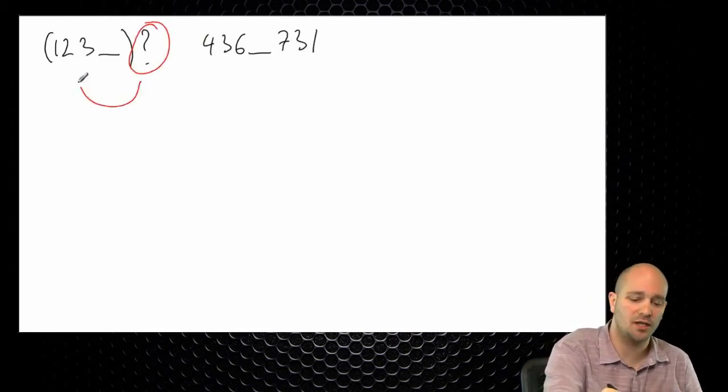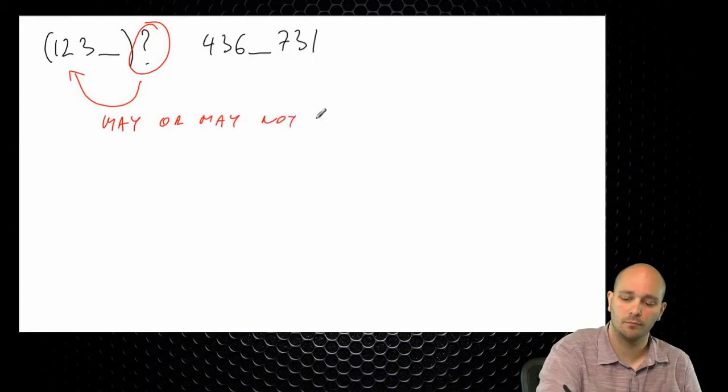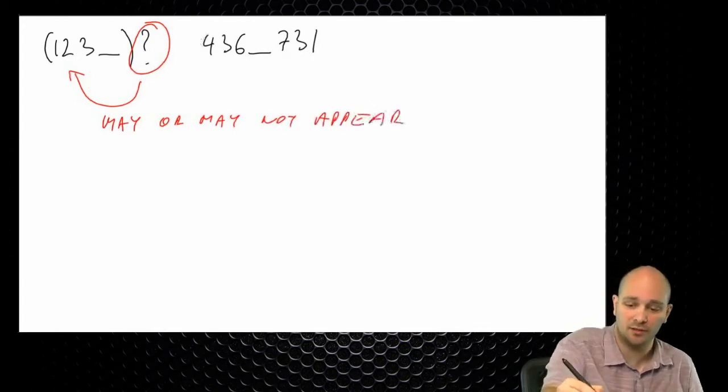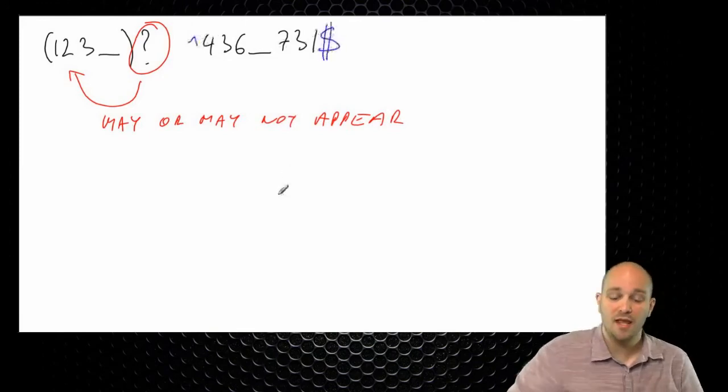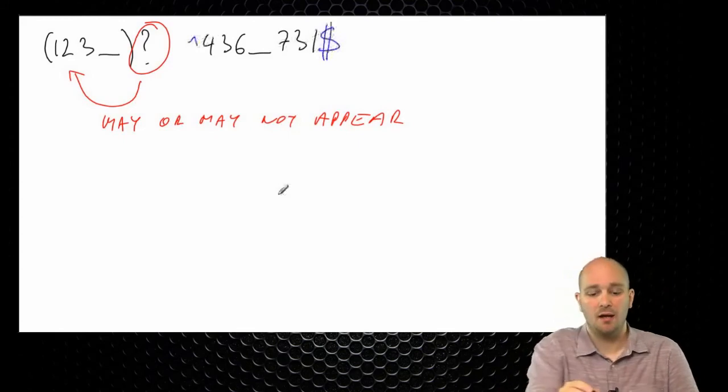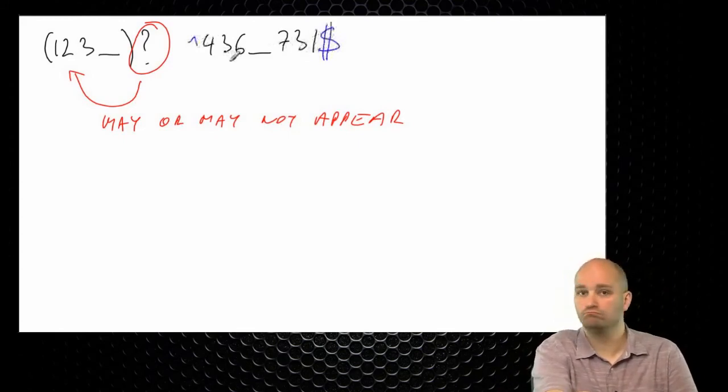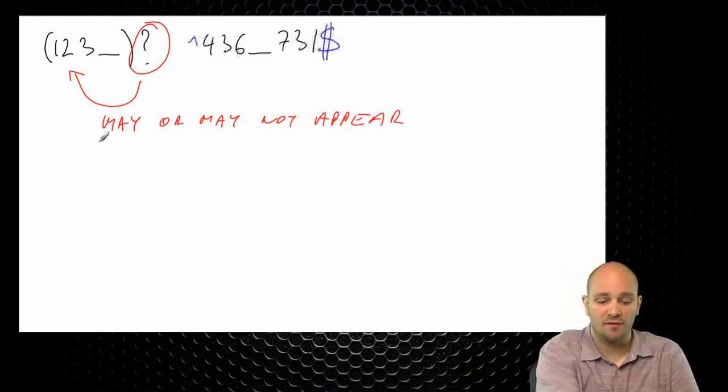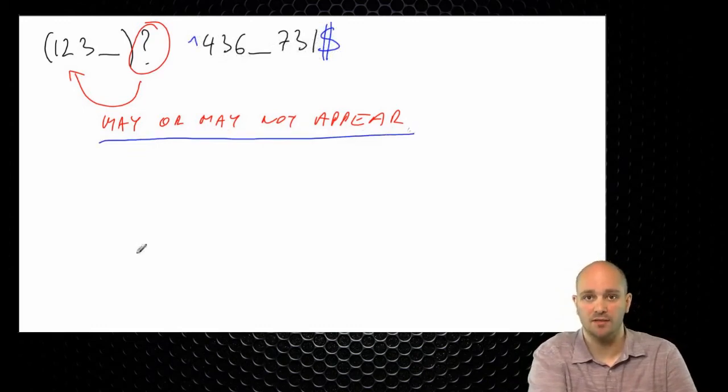Because the question mark here says this may or may not appear. So I'm saying in my pattern that 1, 2, 3 may or may not appear. Does it appear? It doesn't. We have still satisfied the requirements of the task.